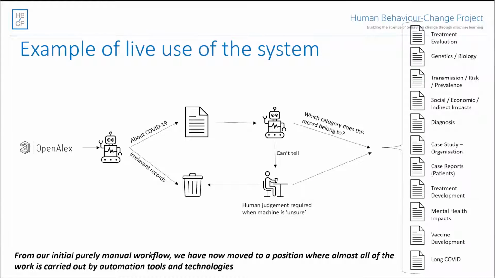We've actually found now, though, that we've got so much information on COVID-19 that this whole process can be fully automated. So we've gone from a position where at the beginning of the pandemic we didn't really expect quite so much research to be published, and had a completely manual workflow, to one now where we've changed the source. We're not using Embase and PubMed, the traditional systematic review sources, because OpenAlex has basically got everything that we need.